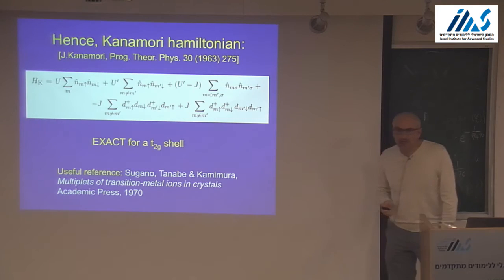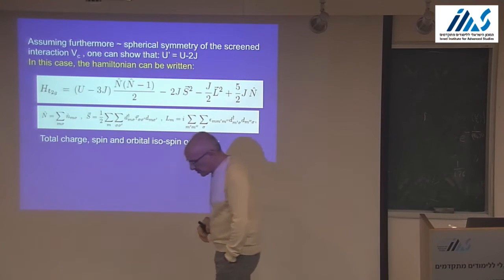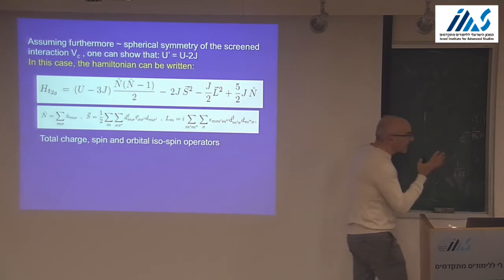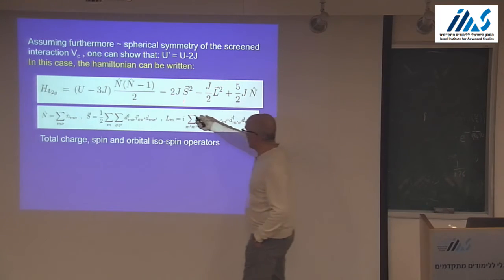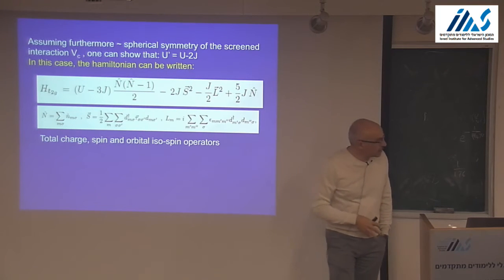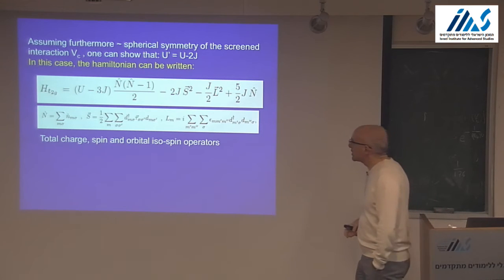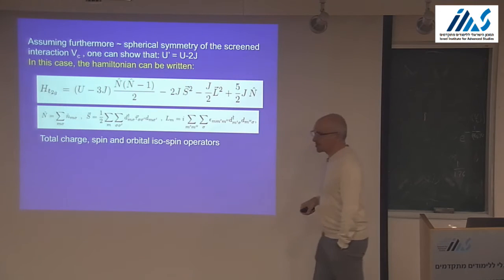So we can rewrite this Hamiltonian in terms of the generators of the symmetry, and we have basically a symmetry which is U1 total charge times SU2 spin times SO3 orbital, right? And we have the Casimir of each of these symmetries, S square, L square, and N. And you can trust me that when you actually rewrite this Hamiltonian in terms of these Casimirs, you get the following expression.